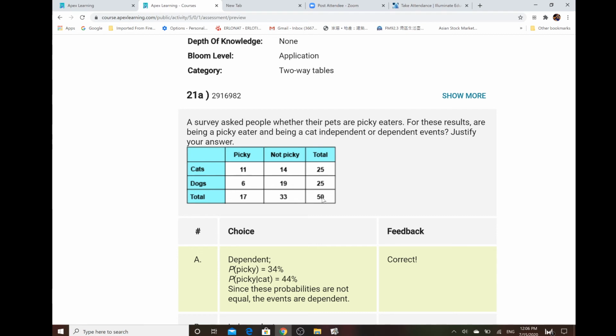So let me check that right here real quick. So 11 over 50. No, the probability of picky, so let's see. It's 11 over 25. Right, so 11 over 25. So this one is picky given cat, so that'll be 11 over 25, which is 44%. But if that's just the probability of picky, then that'll be 11 over 17.